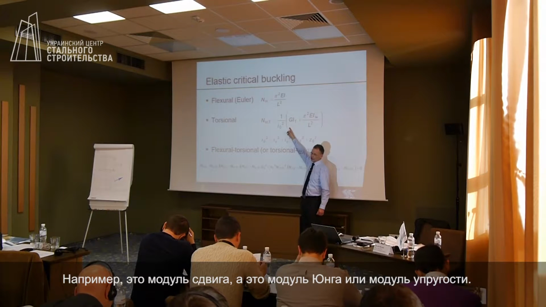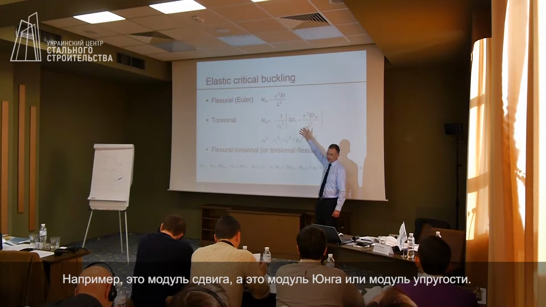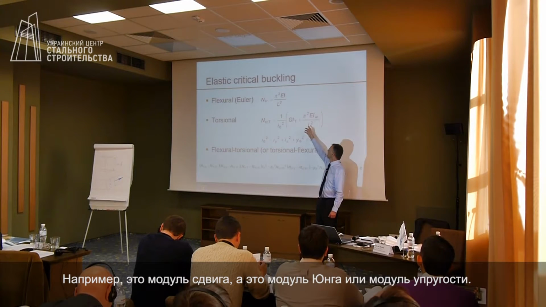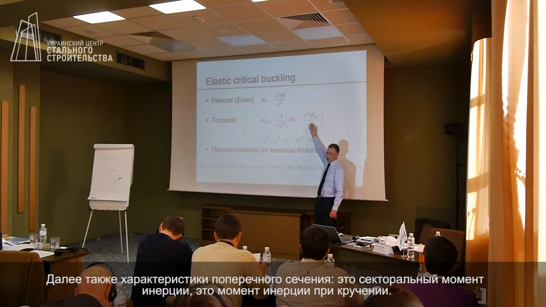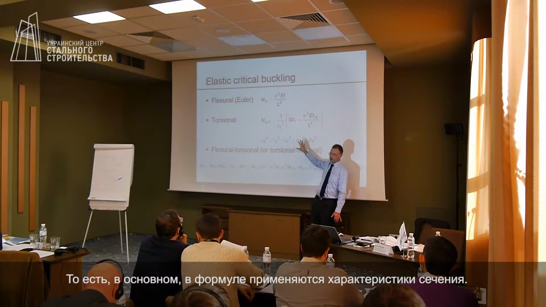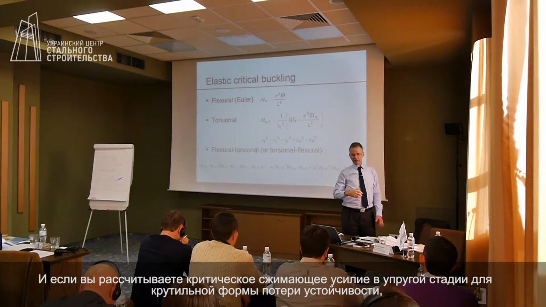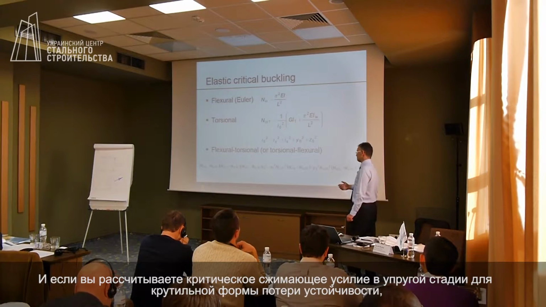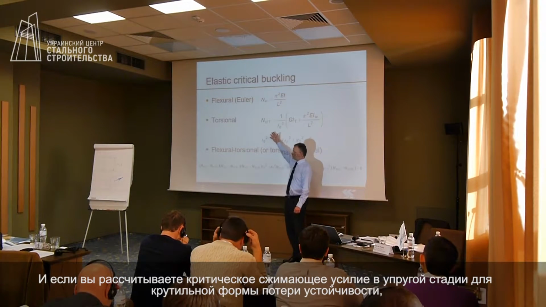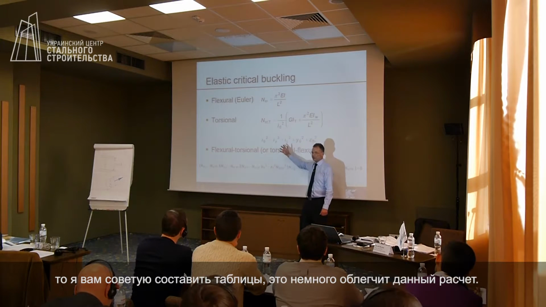So this is the shear modulus. This is Young's modulus, or the modulus of elasticity. This is a section property, the warping inertia. This is a section property, the torsional inertia. So actually, this is really to do with section properties, and if you are calculating the elastic critical buckling load for torsional buckling, you should really put it in a spreadsheet.